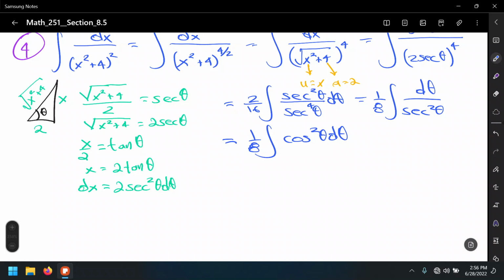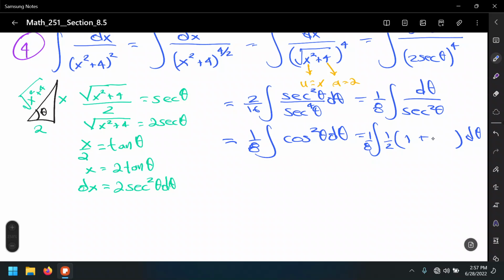Which identity? Yes, an identity, but which one? I'm going to give you a hint. It's a half angle identity, which we usually call the power reduction formula, right?